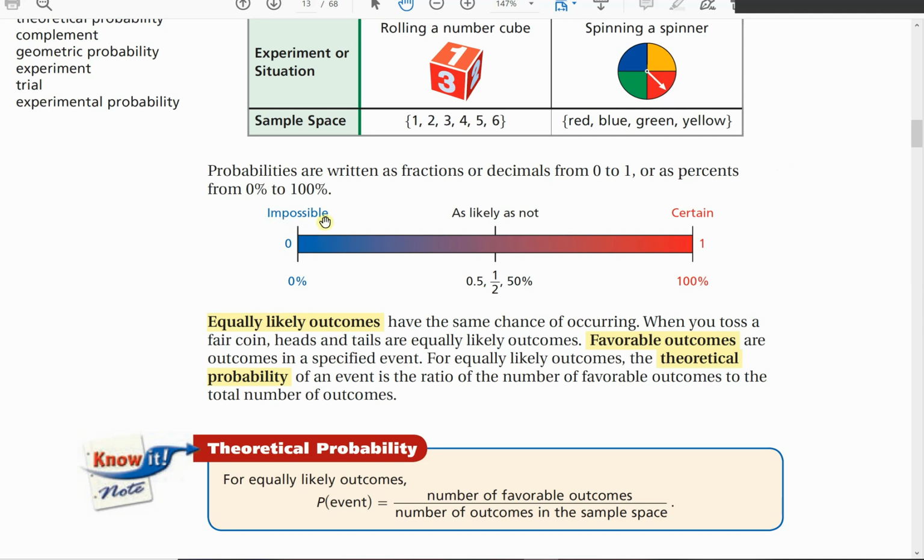An event that is totally impossible has a probability of 0, 0%. The fraction is 0. If it's just as likely as it's not likely, it's 50%, so we're talking 0.5 or 1/2. We're halfway there. And if it is absolutely certain to happen, the probability will be 1 or 100%.